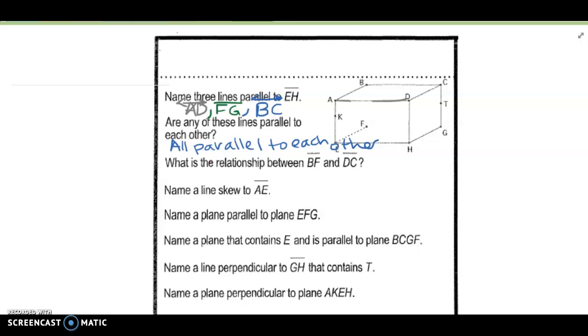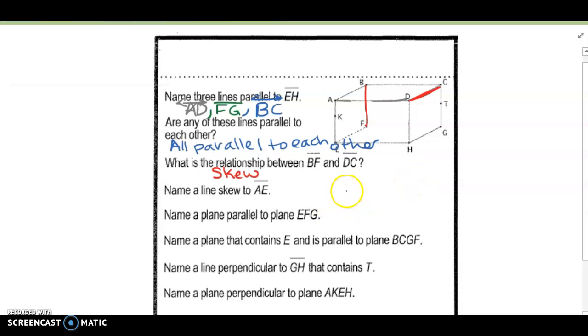So it says, what is the relationship between BF, so BF would be right here, and DC, which is right here? All right, if we look at these, we could continue these out forever and ever, and they would never, ever intersect. Okay, so that means they're either parallel or they're skew. Now, are these two red lines here on the same plane? No, they're not on the same plane, so if they're not coplanar and they never intersect, that means they are skew.